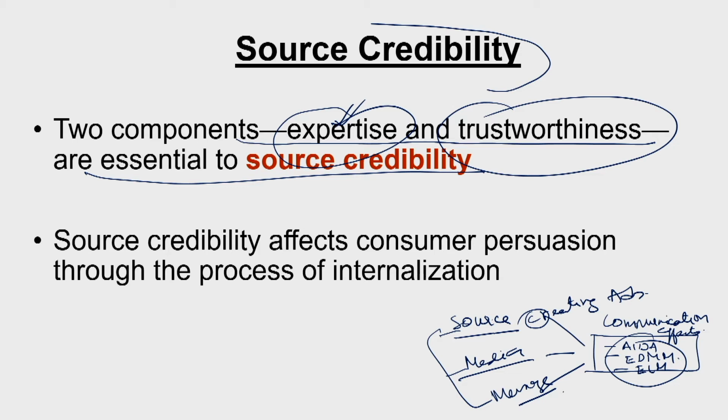And so, Ayurvedic doctors are experts, or yogis are experts in terms of herbal medicines, and so you trust them. If Ramdev comes in and says to buy this herbal medicine, you believe it from all the knowledge that you have about Ramdev or his Patanjali Yog Peeth, that they manufacture herbal products. So, you believe that the source is an expert, and you also have trust in him, which increases trustworthiness.